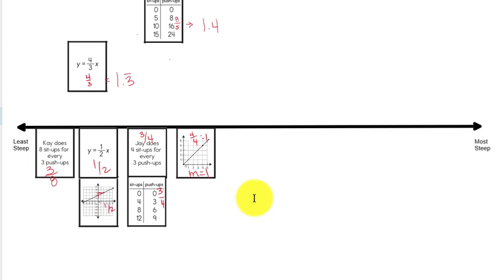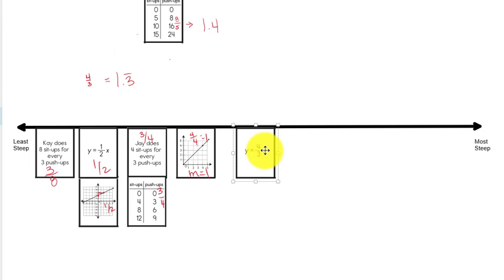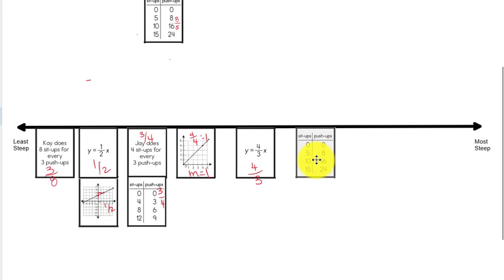Exactly, that's a terminating decimal. So the one that's going to go next is this one with a rate of change of 4/3. And then that leaves us last, the one that has the rate of change of 8/5.